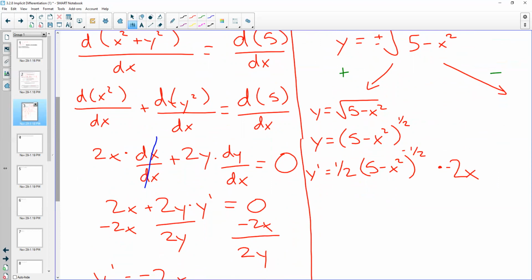So y prime is equal to 1/2 multiplied by negative 2x. That will give us negative x on the top, and then we will have 5 minus x squared to the 1/2 on the bottom. Okay, so that is our positive case.